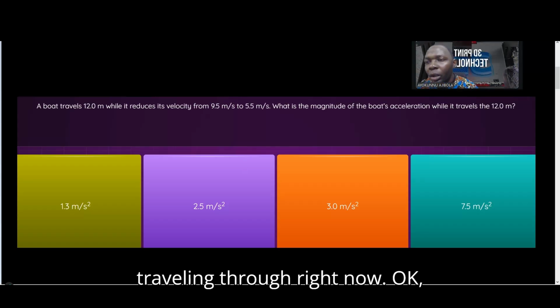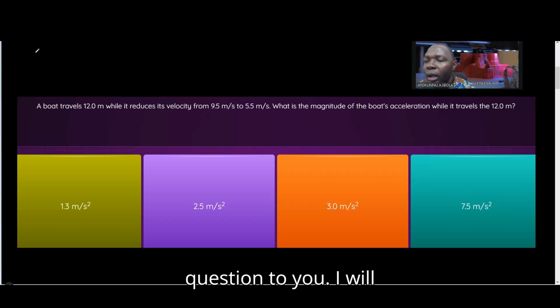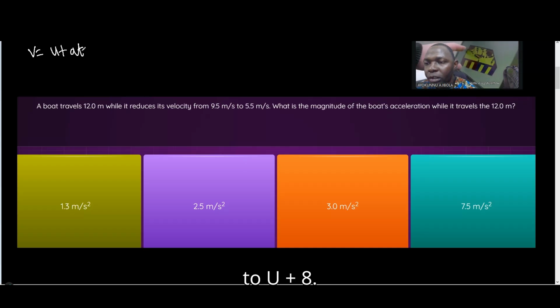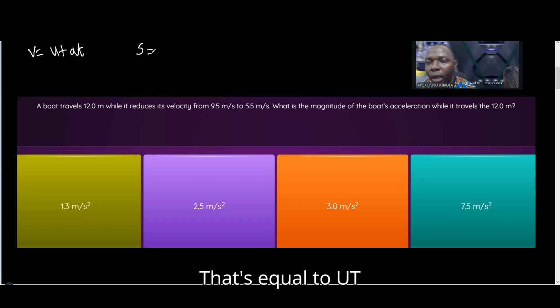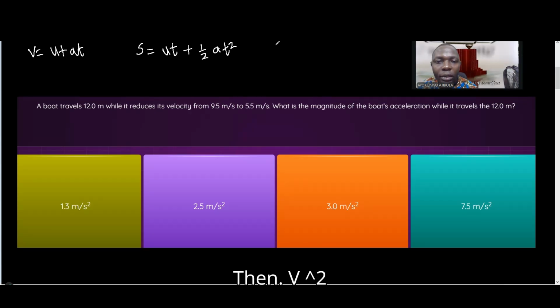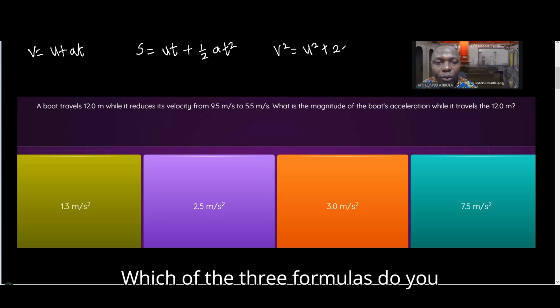Now, Okiki, I want to direct this question to you. I will write three formulas. V equal to U plus AT, S equal to UT plus half AT squared, then V squared equal to U squared plus 2AS.